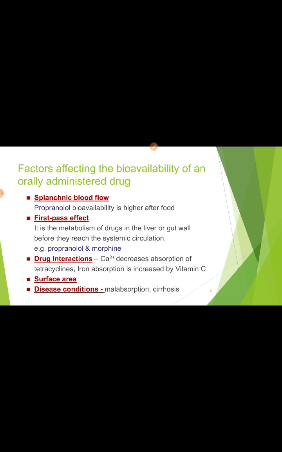So any drug given by oral route gets metabolized in the gut wall, or gets transported to the liver and gets metabolized there too, and then the rest of the drug reaches the circulation. This is called first pass effect. So many of the drugs given by oral route undergo this first pass metabolism, and a very minimum quantity of the drug reaches the blood circulation. Examples of such drugs are propranolol and morphine.